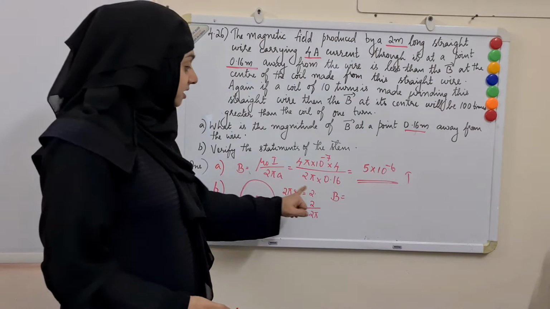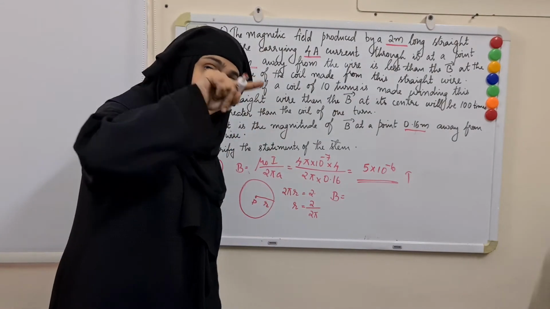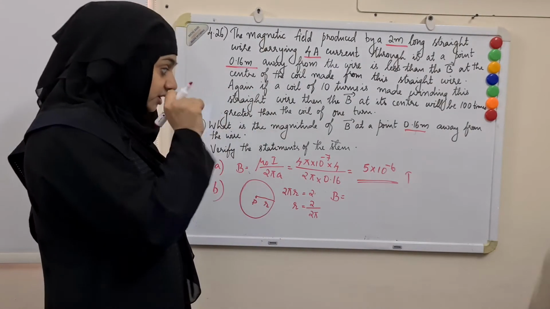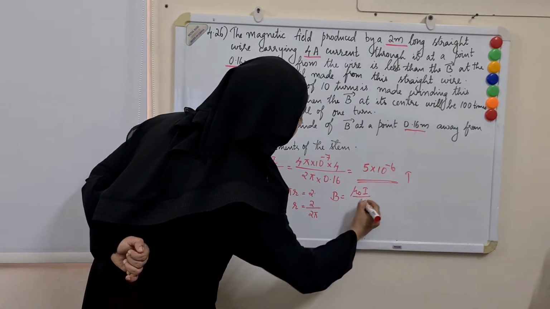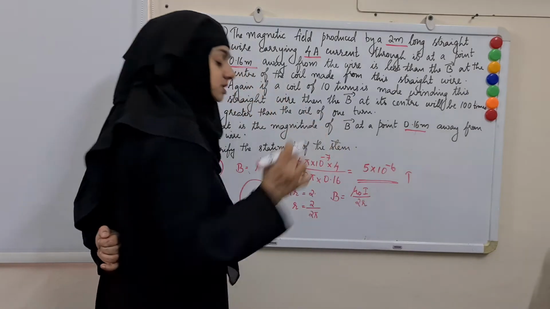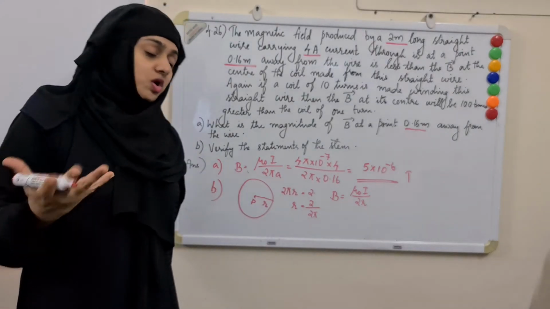So what is the magnetic field due to a circular current carrying wire? We have learned that formula. It's equal to mu naught I by 2R, where I is the current, R is the radius of the coil.